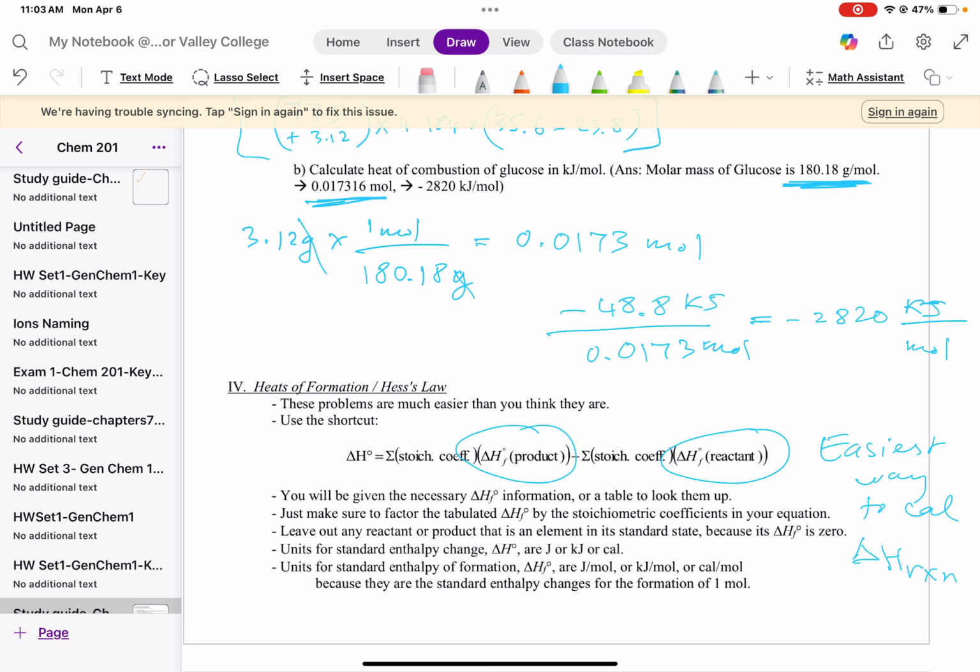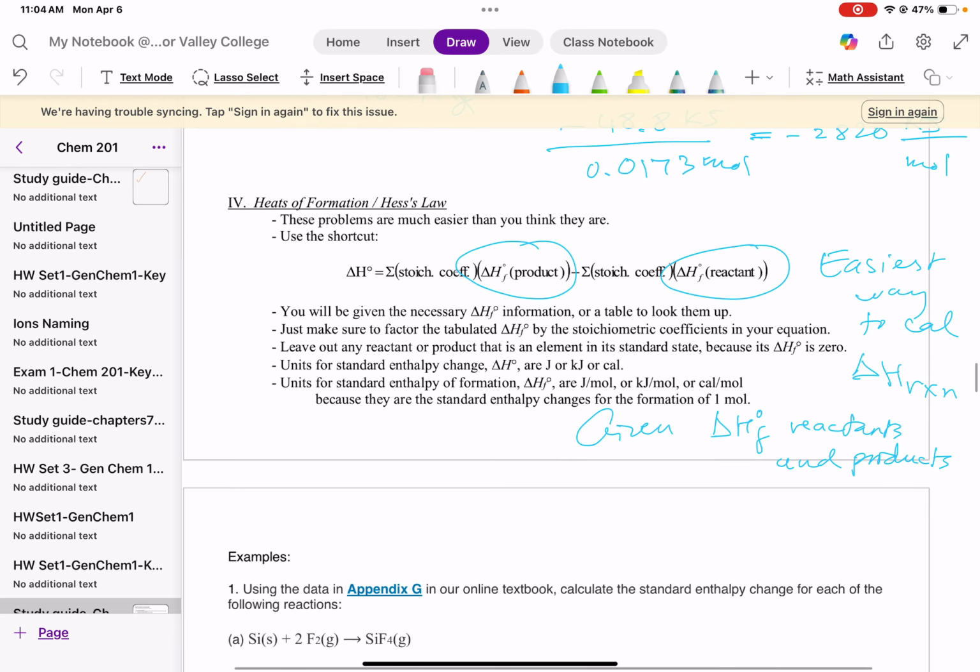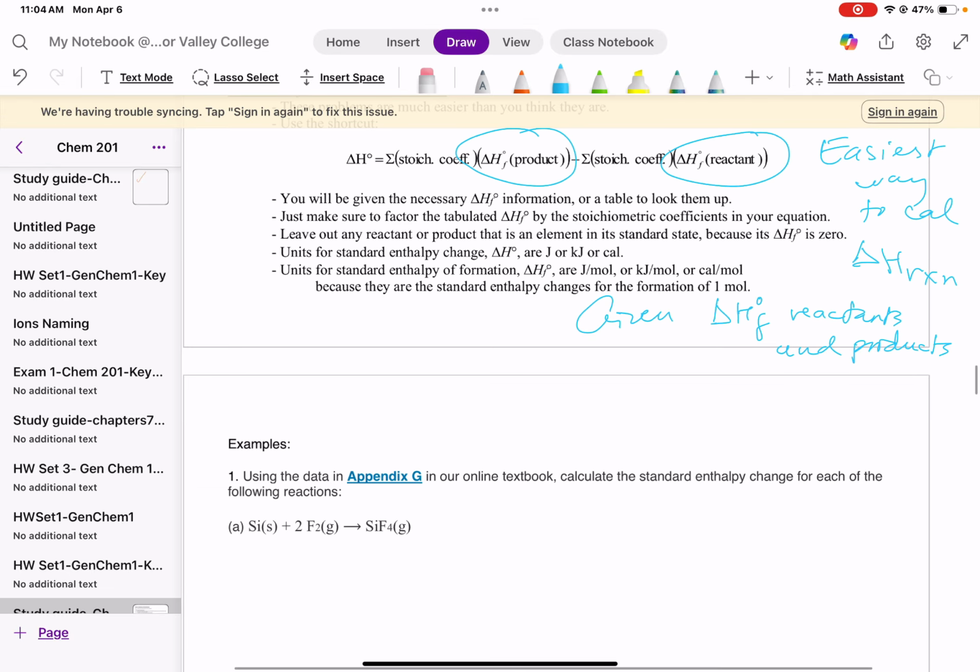Calculate reactions given delta H of formation of reactants and products. We don't have to memorize those. They're right here in Appendix G, where you find all of that. Notice a pure substance is always 0.